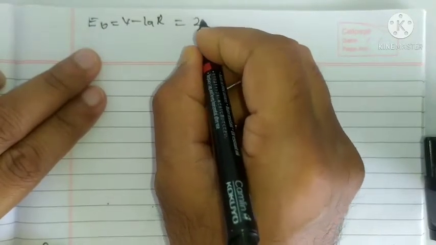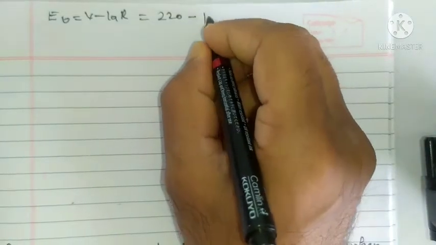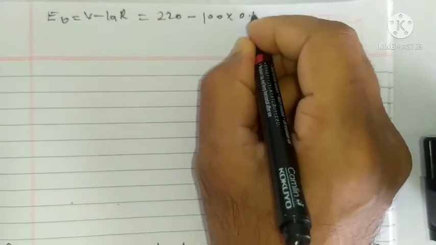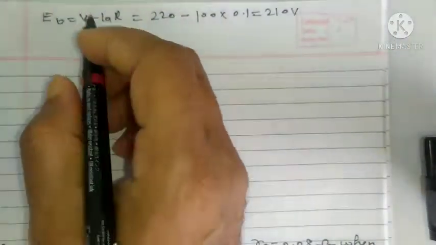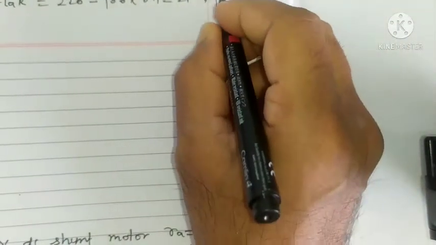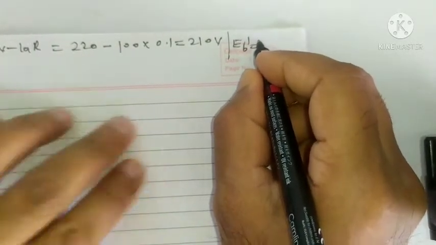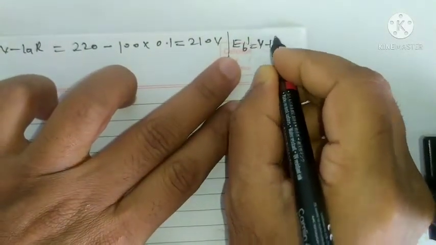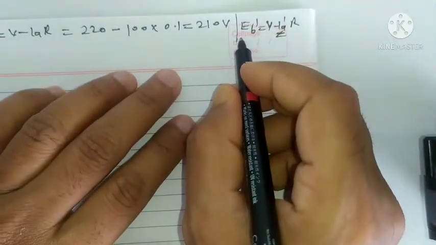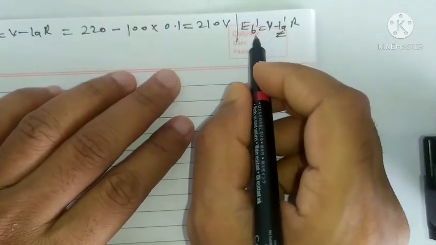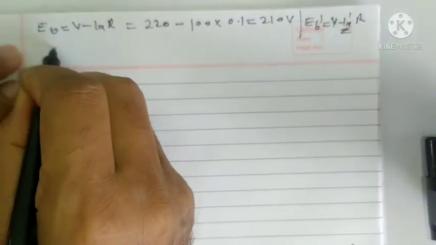V was 220 volt minus current was 100 ampere, right? And resistance was 0.1, so it will come as 210 volt. But for finding EB dash, we need to write V minus IA dash into R. IA dash is unknown and EB dash is also unknown, so two unknowns are there. You can't apply directly to find EB dash, but they have given a relation.